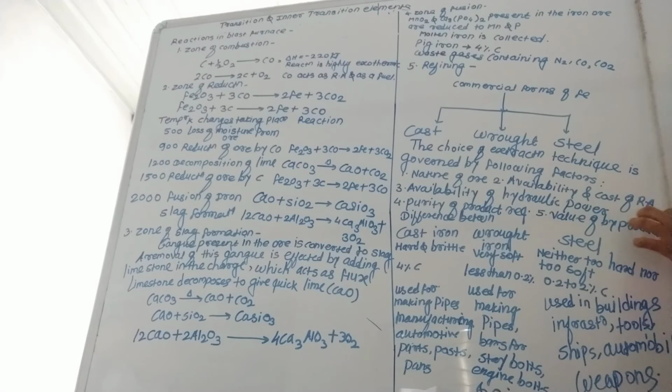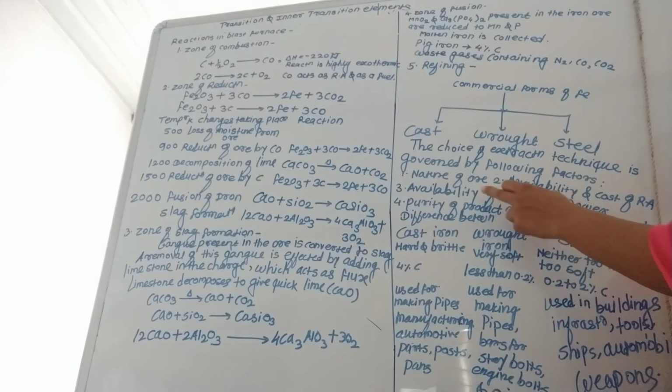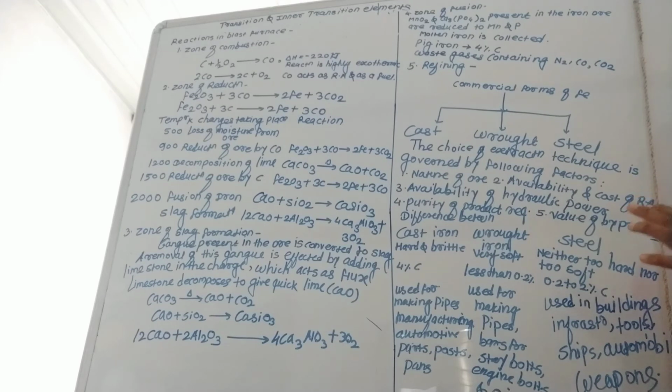Second factor is availability of cost and reducing agent. Third factor, availability of hydraulic power. Fourth, purity of product required. Fifth, value of byproducts. Your choice of extraction technique totally depends on these factors. You must remember the choice of extraction technique is governed by the following factors.